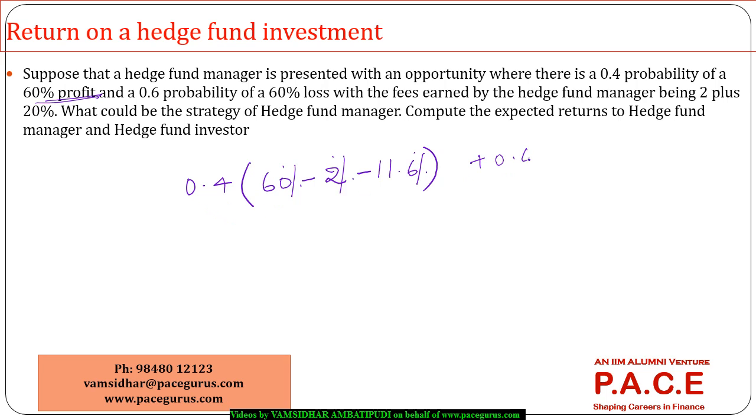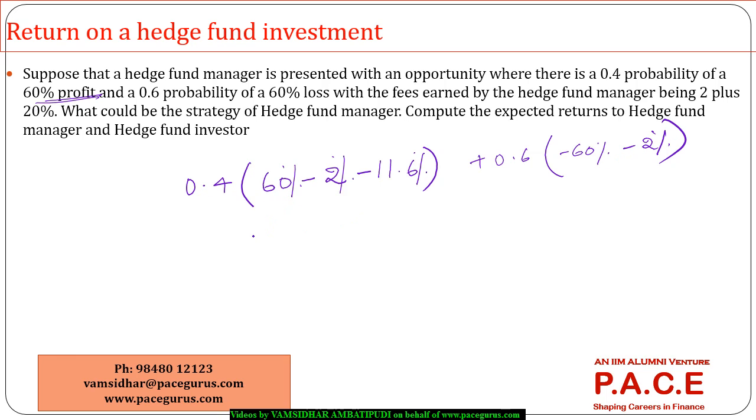That is what he is left with. Whereas in the 60% chance, he is left with a minus 60, right? That is the loss that the portfolio has generated. And along with that, he has also lost the 2% because he has given that as a fee.